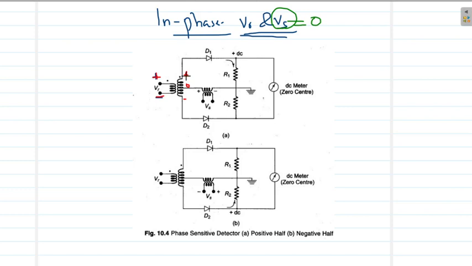As you can see, here diode 1 has a forward bias condition under this case. The positive is connected to the diode positive and the corresponding negative or the ground is connected to the negative of diode 1. That means diode 1 is forward biased in the positive half cycle, and as a result we will have a current conduction through the upper half of the circuit in this direction, from the positive to the negative to the ground. Whereas in the case of the lower half, you can see this is ground, this is negative voltage.